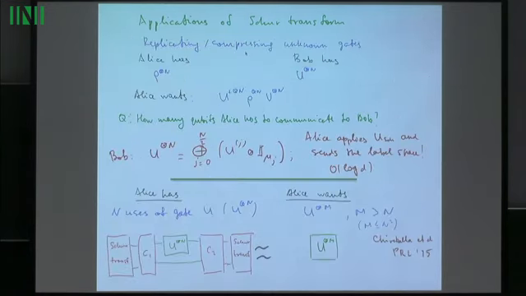Another application where the Schur transform is crucial is the following. This was done by Kiribella and co-authors a few years ago. Imagine Alice has a quantum state rho tensor n, and Bob has a unitary. Bob has a quantum computer.